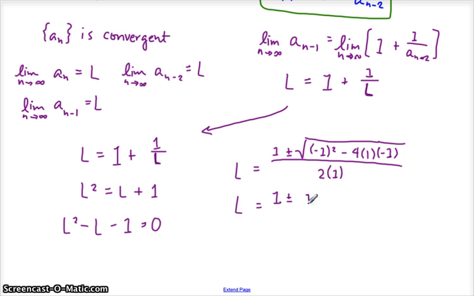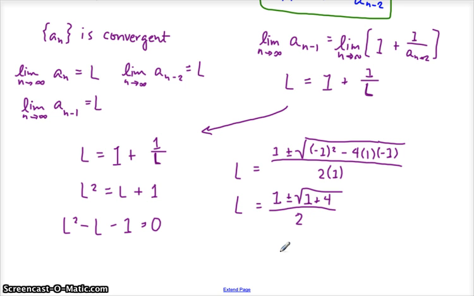And then we have -4 essentially times 1 times -1. So we really have 1 plus 4. So it's a positive 4 in there. So 1 plus 4, that's square root, divided by 2 times 1, which is 2.